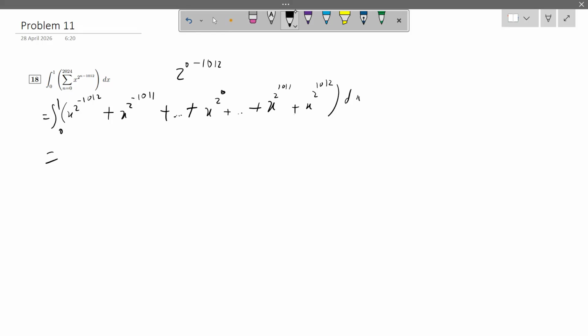We simply have to use the power rule here, even though it might seem a bit complicated. This is really just a standard integrand of the form x to the power of n, where n here is actually a fraction, like x to the power of 1 over 2 to the power of 1012. So you just have to write 1 over 2 to the negative 1012 plus 1, times x to the power of this number.